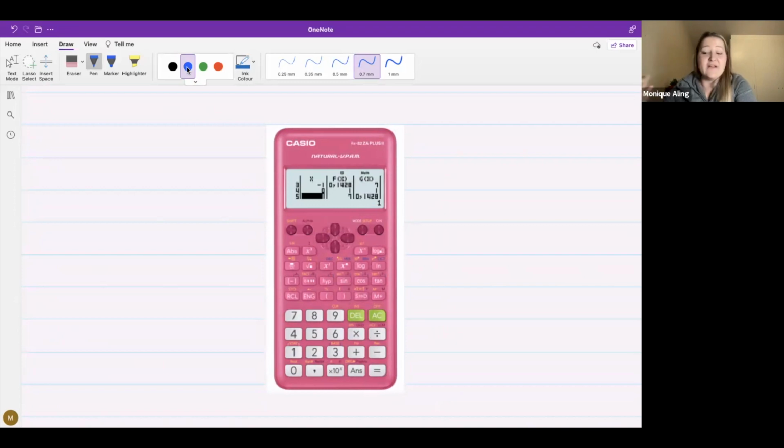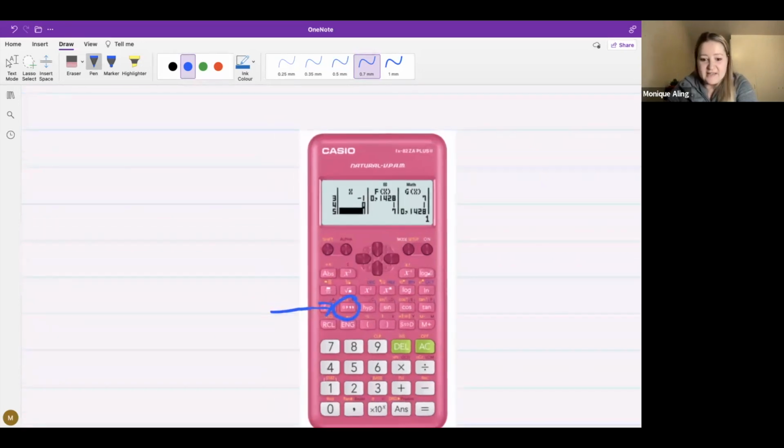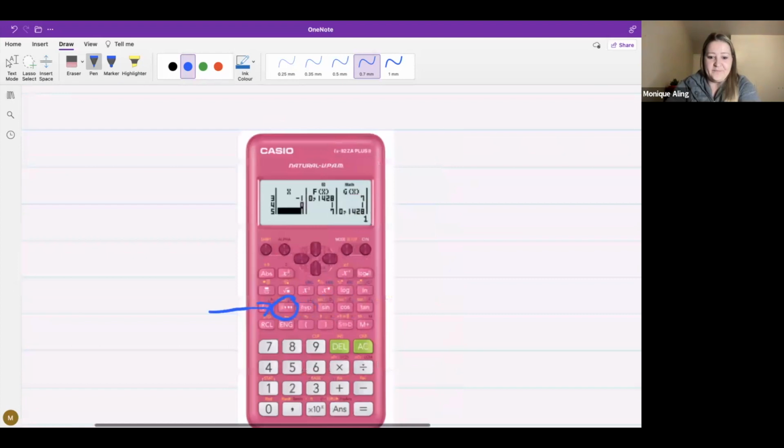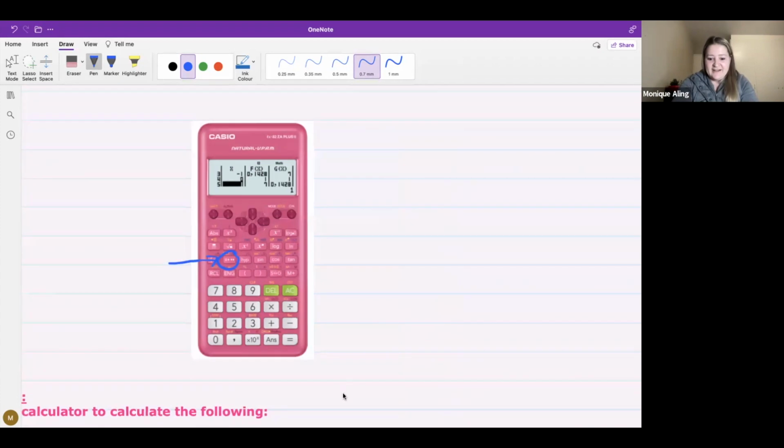When using time on your calculator, you're going to use this button over here. If you look in line with number 8, 2 buttons up, it looks like a whole lot of commas. Have we all found the location of this button? Okay, fantastic. So we can all see that button.